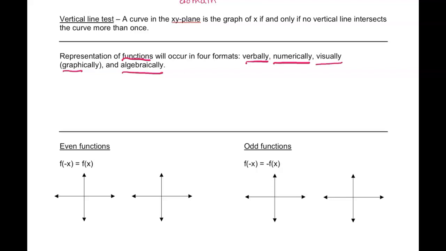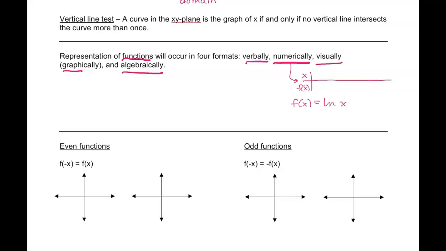So what I'd like to do is look at something numerically, for instance. So I'm going to set up a table. x is my input, f of x is my output, and I think I'll use the function natural log of x.